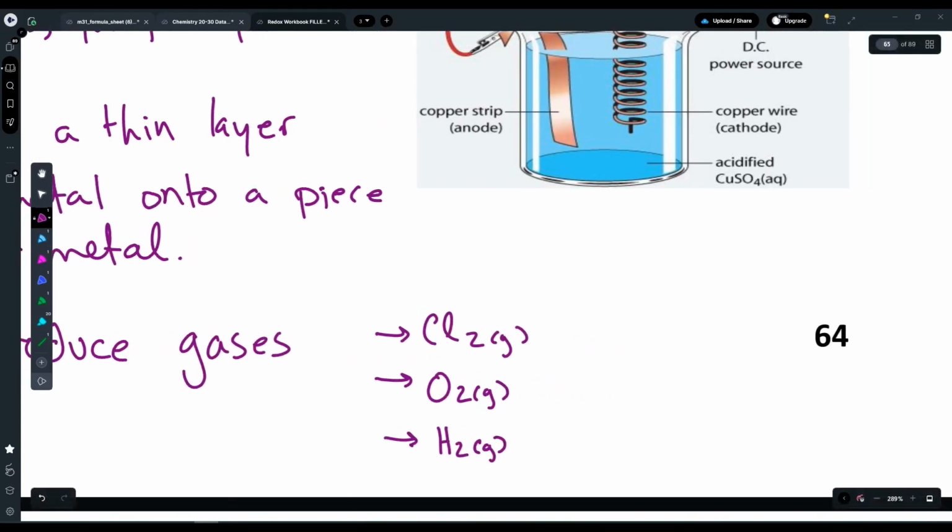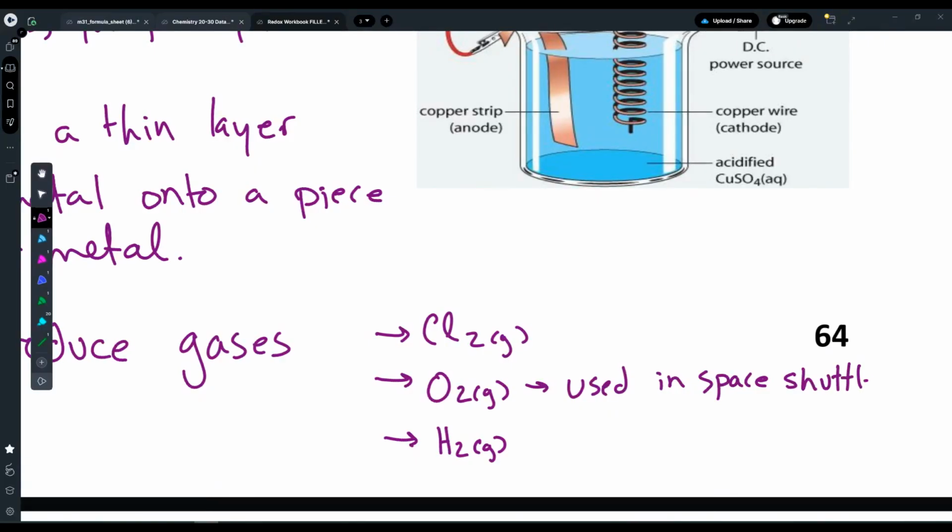So oxygen, that's useful for use on something like a space shuttle, just so that you can have an environment that people can live in. Okay. And then we would want to use hydrogen gas for fuel cells.